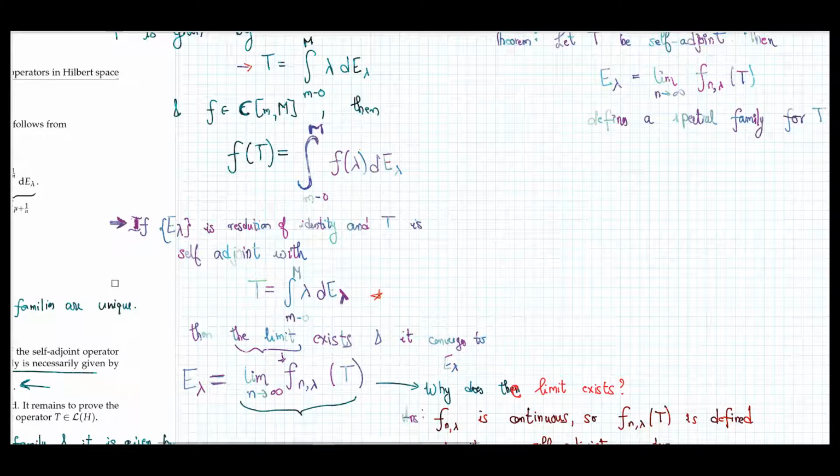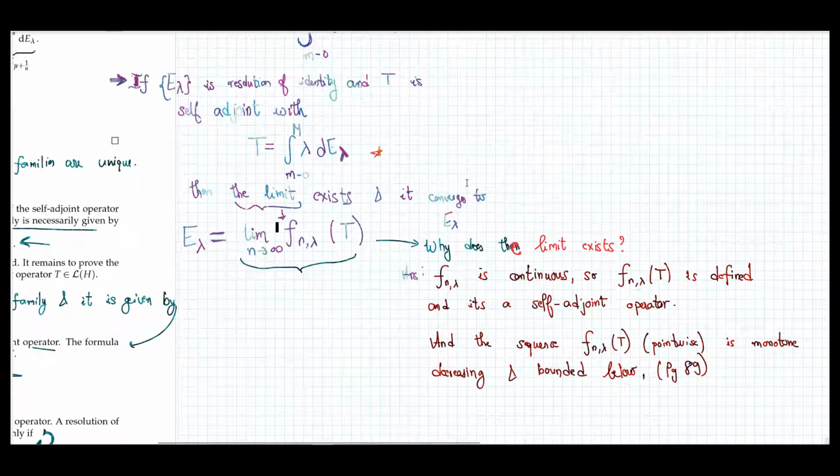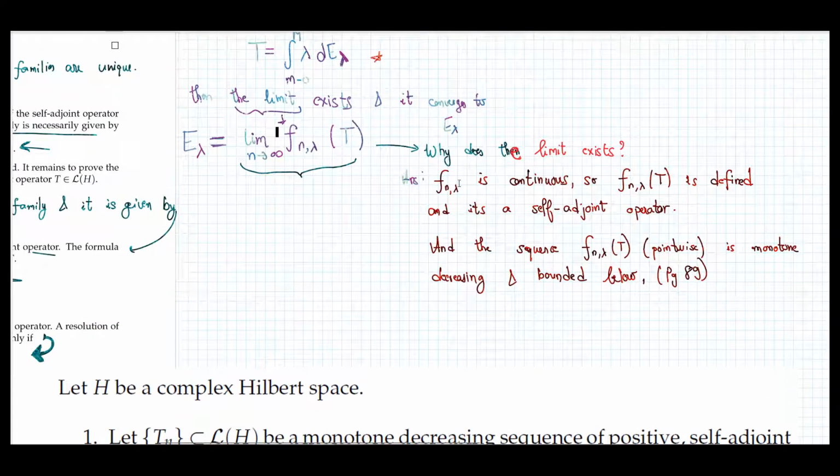So now why does the limit exist and why does it converge to E lambda? So we know that this f_n lambda is continuous, so that f_n lambda of T is defined because of functional calculus, and it is a self-adjoint operator. And the sequence f_n lambda of T pointwise is monotone decreasing and bounded above.